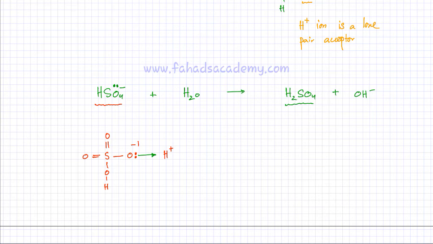So in this reaction, if you look carefully, it's this H+ ion that's coming from water and bonding with the lone pairs on this oxygen atom over here. So it's this H+ that's acting as a Lewis acid. So this over here is your Lewis acid.